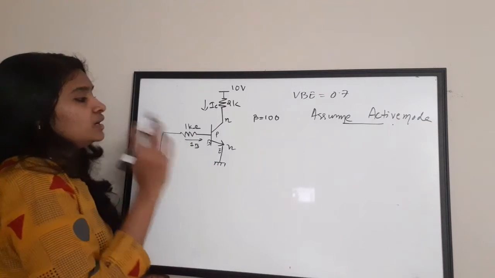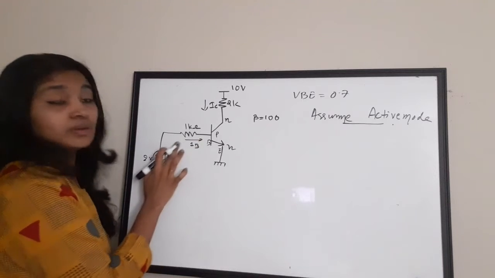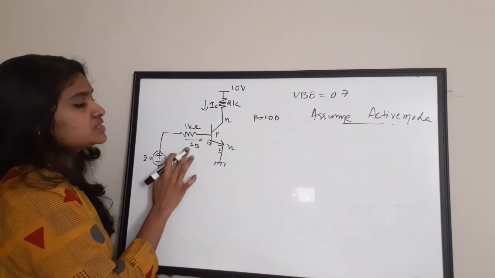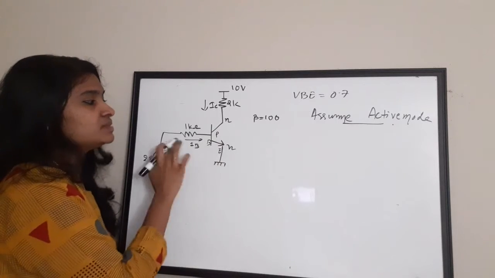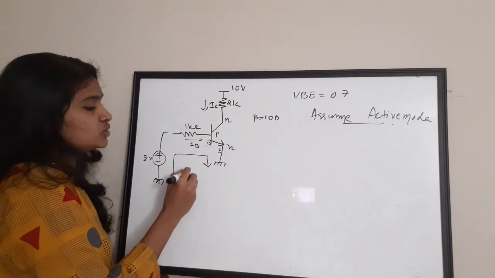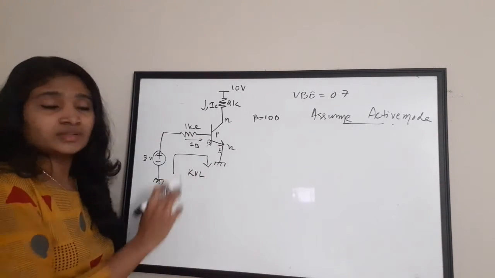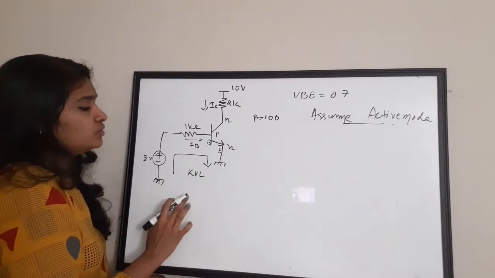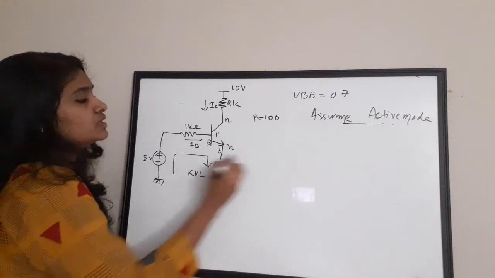Now there is a resistor of 1 kilo ohm connected to the base, and the current flowing through it I take as IB, since it is the base terminal. Now I am going to apply Kirchhoff's voltage law, KVL, for this loop.